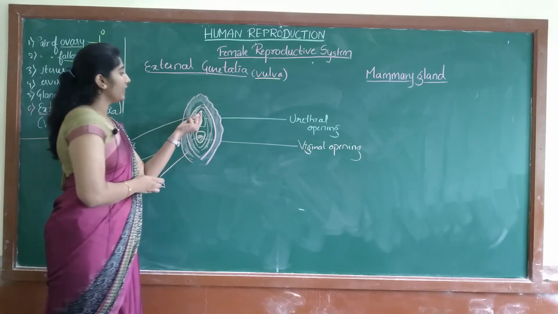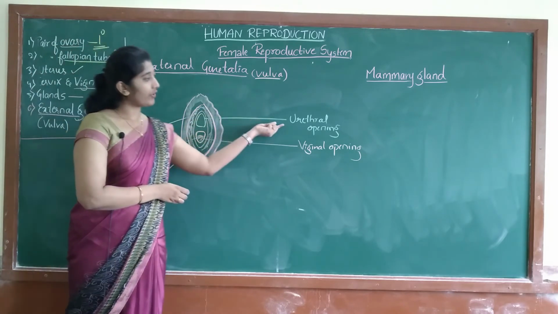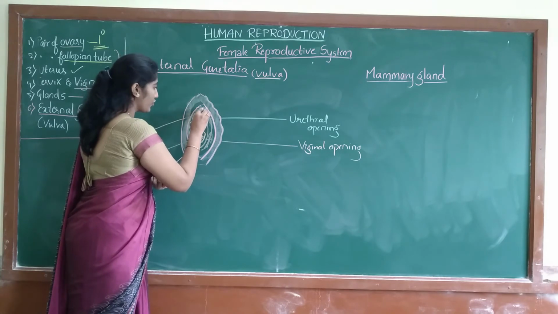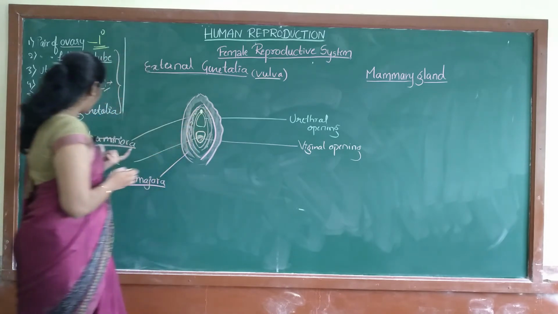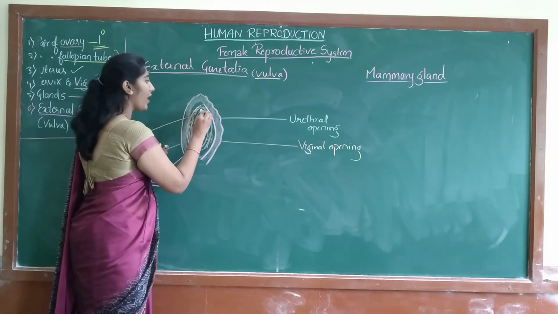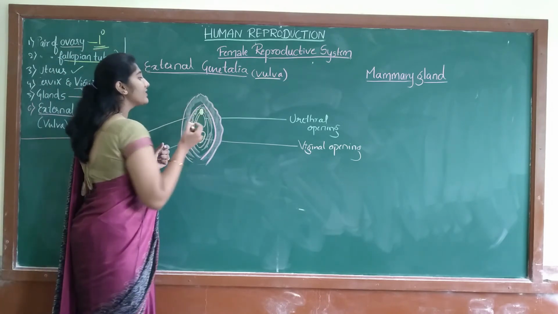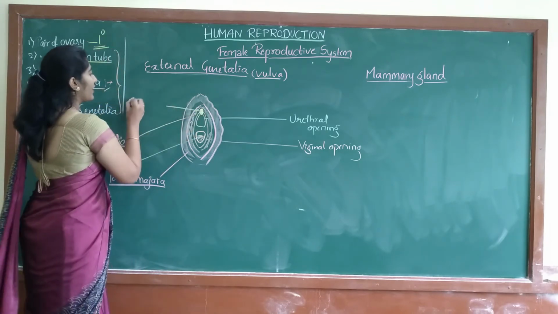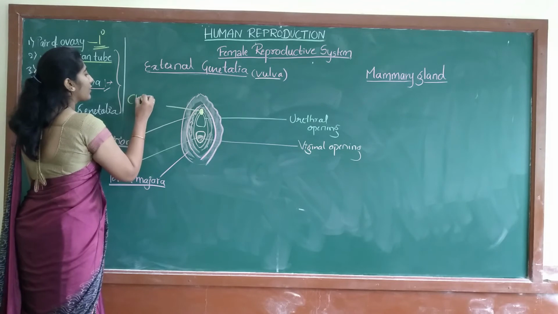Now, above the urethral opening, at the junction between this labia minora, there is a very tiny finger-like projection, which is called the clitoris.